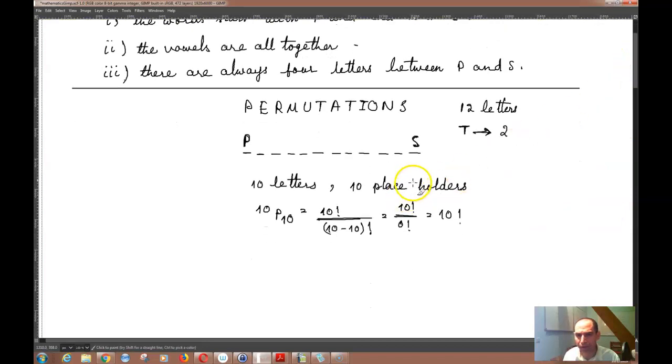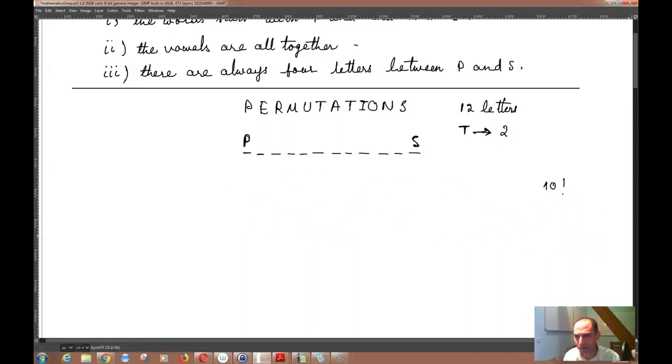This is the permutation of the 10 letters, not having taken care of T. Now let me show you another way to do the same thing. So here I got 10 factorial, right?